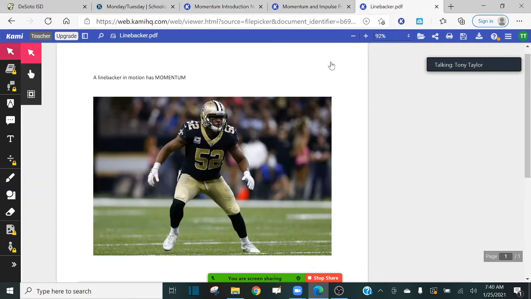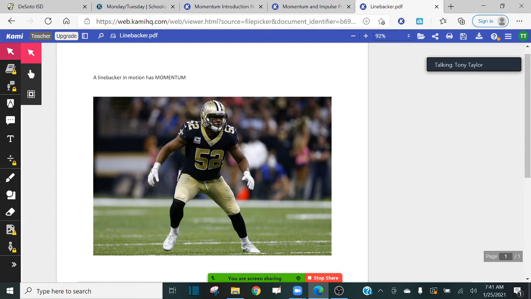So guys, you can easily imagine that if you have two running backs and they're both running at the exact same speed, the running back that weighs more obviously has more momentum, right? Because momentum depends on those two things, mass and velocity.